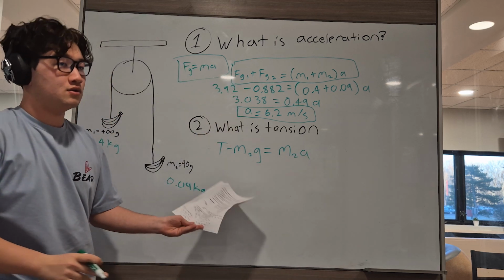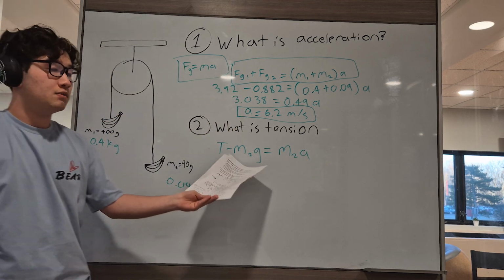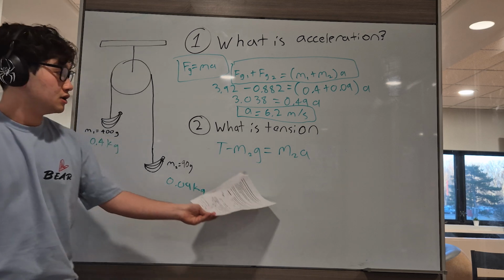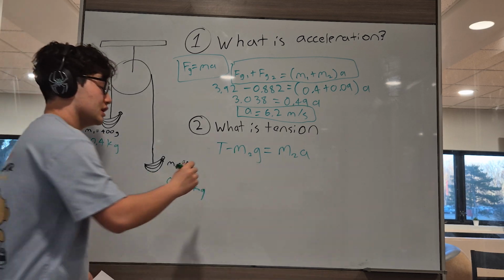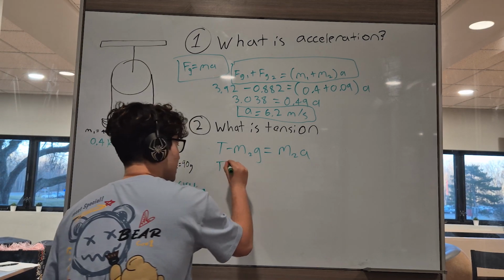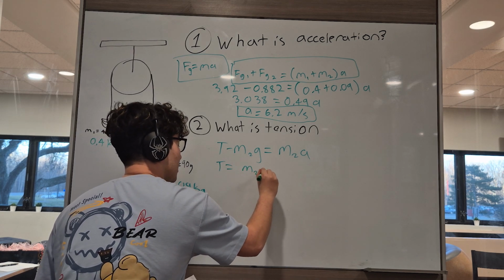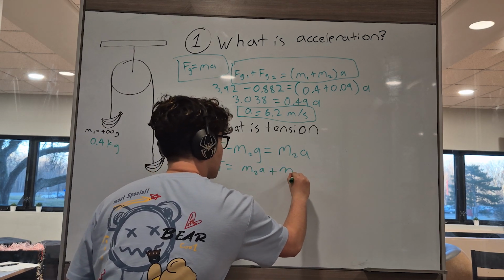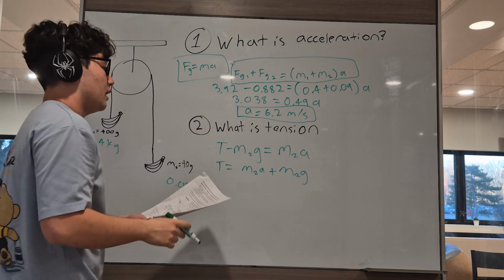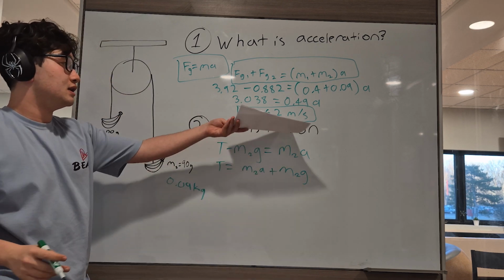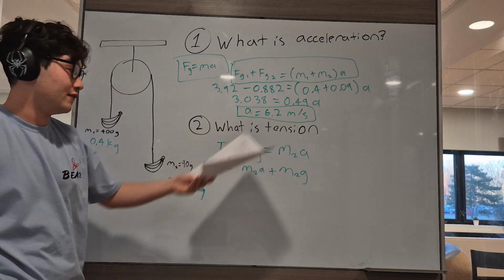That is what Newton's second law states, but we are just trying to find tension. So we can move this to the other side where it becomes T is equal to M2A plus M2G. And now that we did this earlier, we actually have all of our values.